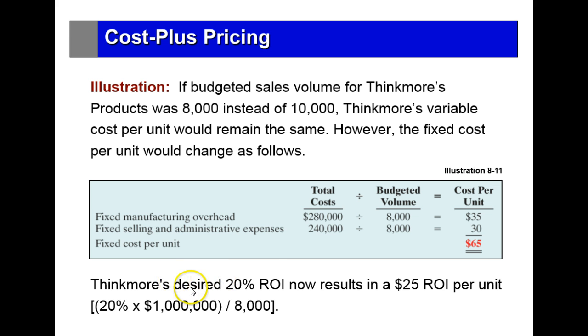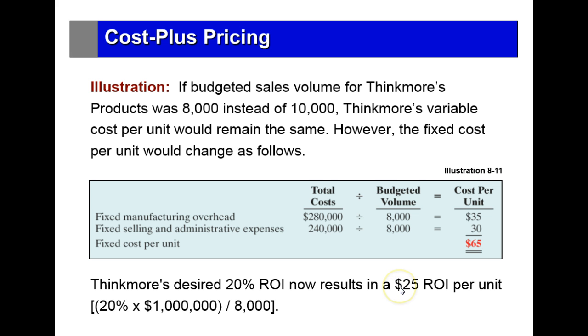Thinkmore's desired 20% return on investment is going to be, if we have to take a 20% return on investment, but we've got to divide that by only 8,000 pins instead of 10,000 pins, then that means we need to mark it up an extra 25 bucks per unit instead of what we originally had as $20 per unit.